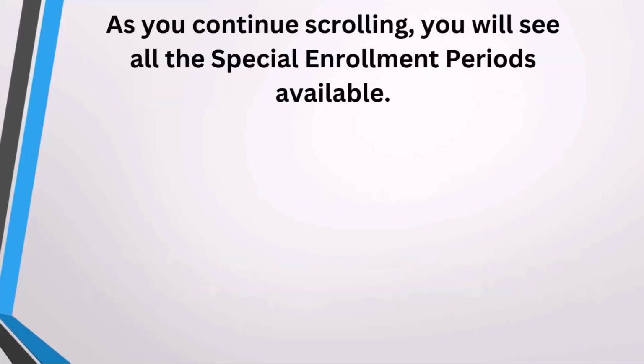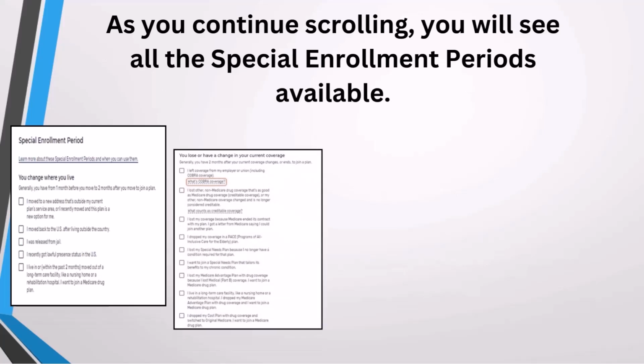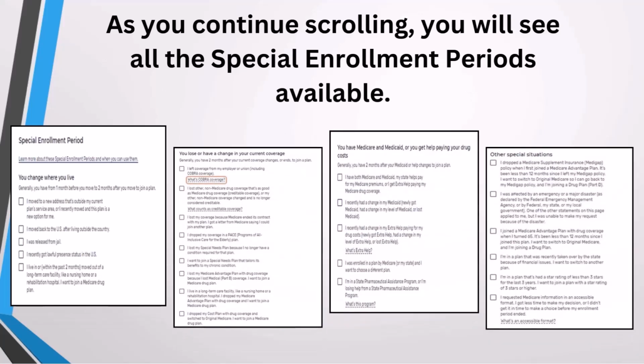As you continue scrolling, you will see all of the special enrollment periods that are available. As a reminder, using the SEP if joining a Part D plan after working past age 65 and now losing employer drug coverage or employer coverage, you will want to use the special enrollment period I left coverage from my employer or union, including COBRA coverage.